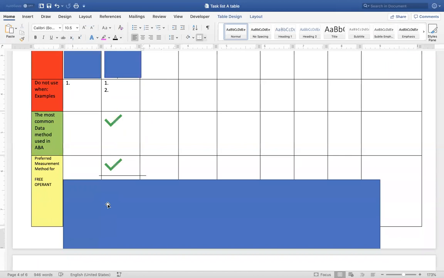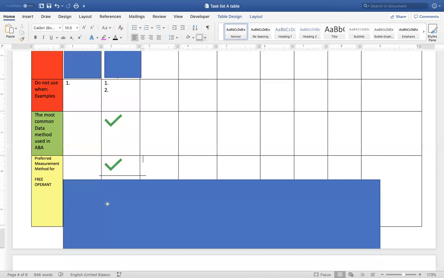We already talked about it. So is it discrete or indiscrete? Free operant is discrete. It has a clear beginning and a clear end.